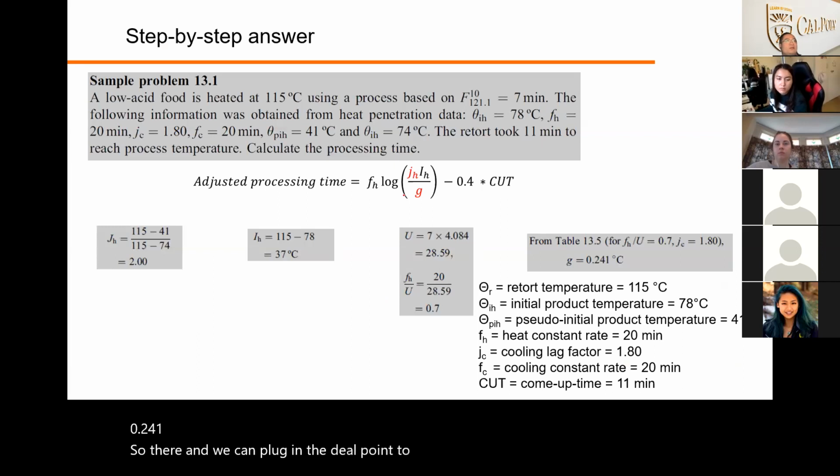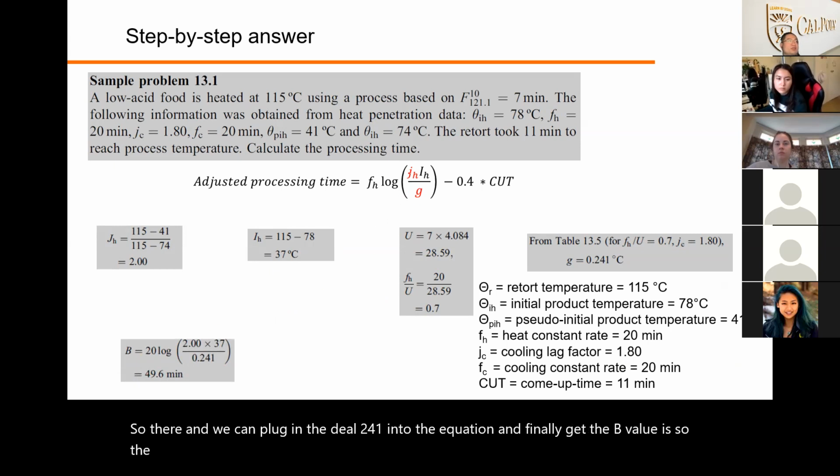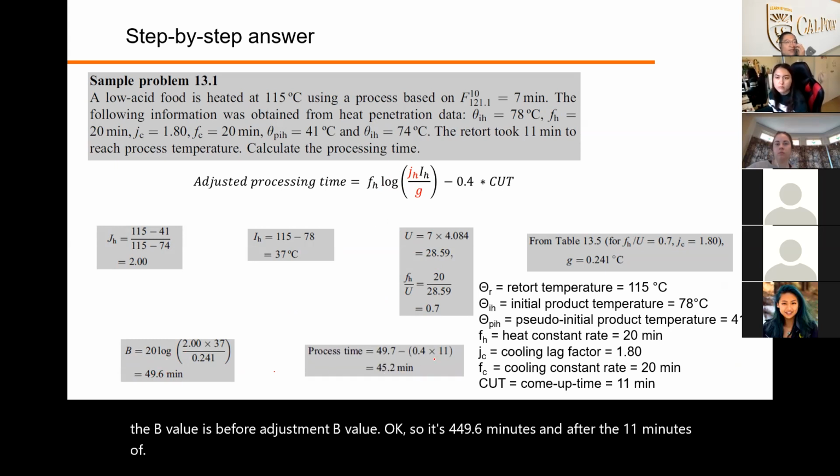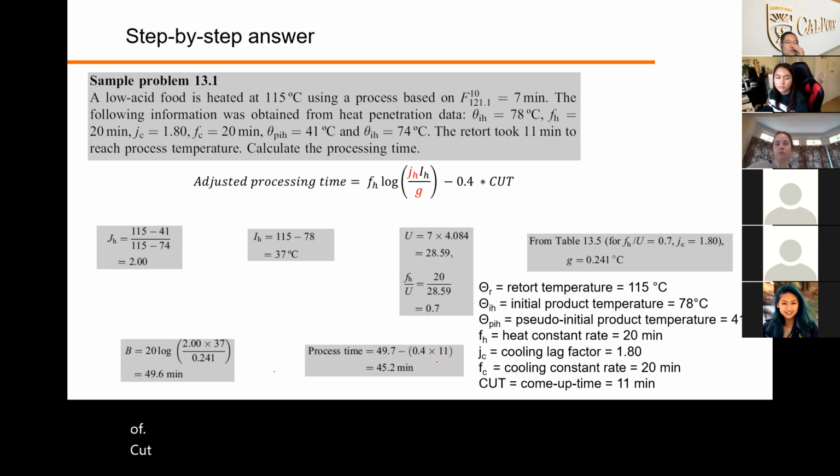So we can plug in the 0.241 into this equation and finally get the B value. So the B value before adjustment is 49.6 minutes. And after the 11 minutes of come up time adjustment, we got our final processing time is 45.2 minutes.